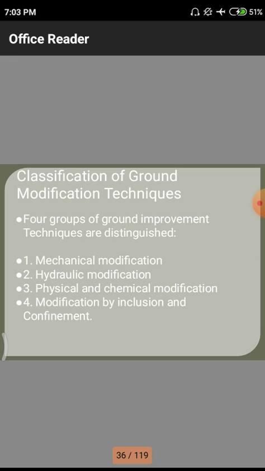In chemical modification also, the soil has different chemical properties, so in some cases we use chemical treatment to control the soil properties. Some soils have organic matter and other explosive matter.